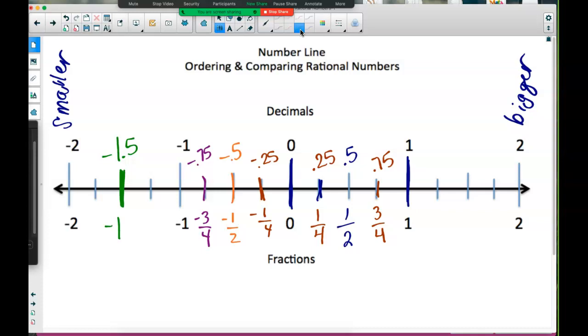Oh, yep, Ben put it in. Or -1.5. Okay, if we go all the way to the opposite end, way up here, this green line would be 1.5 or 1 1/2.